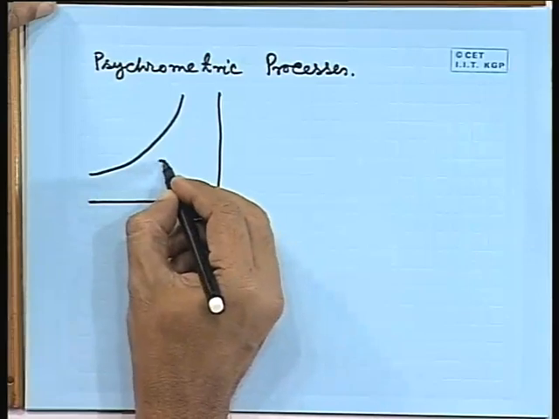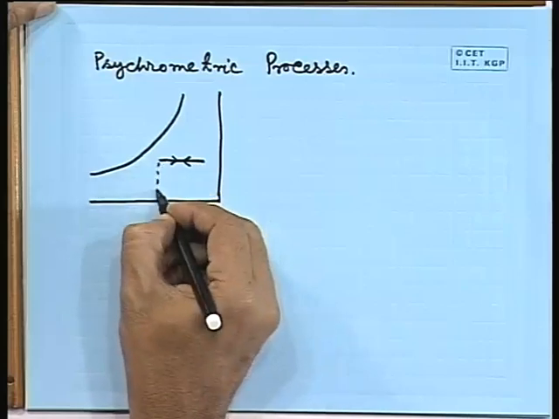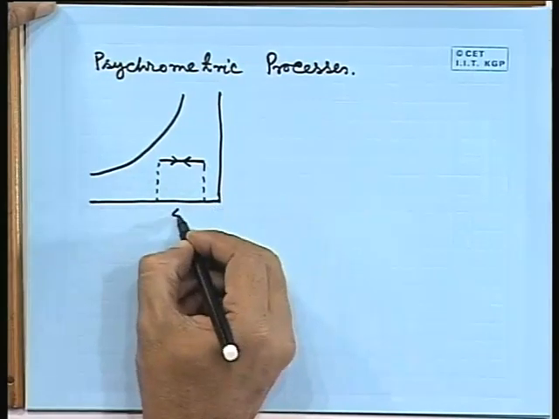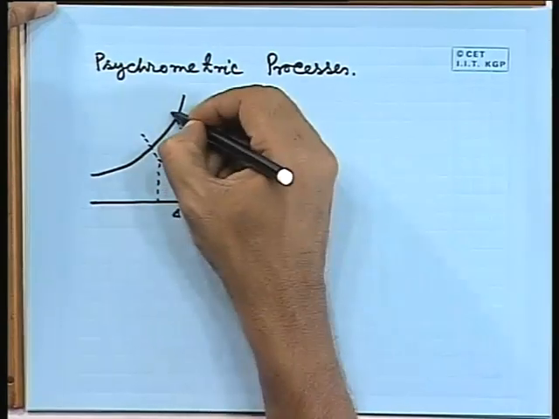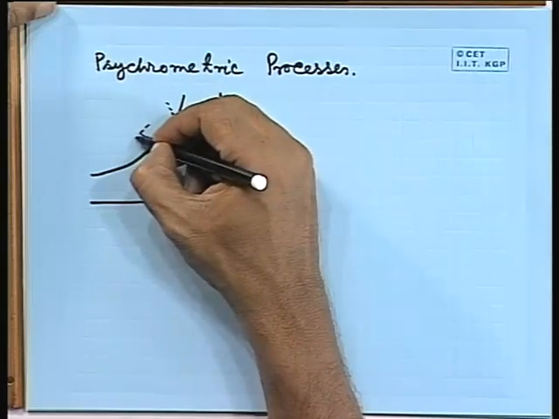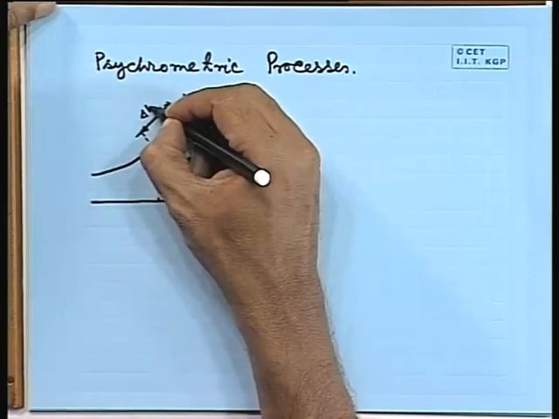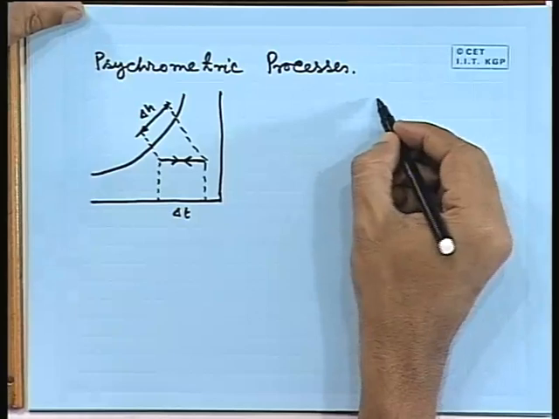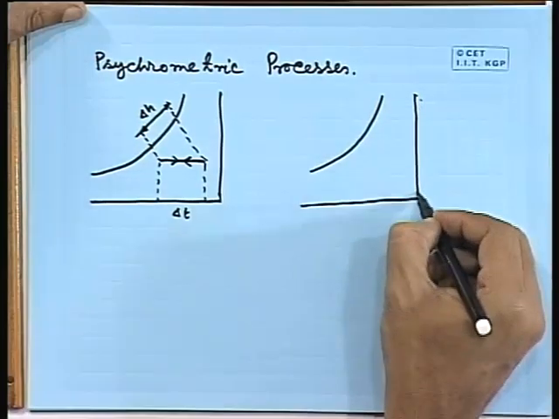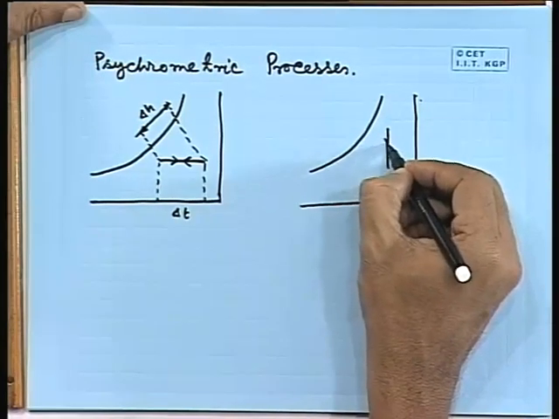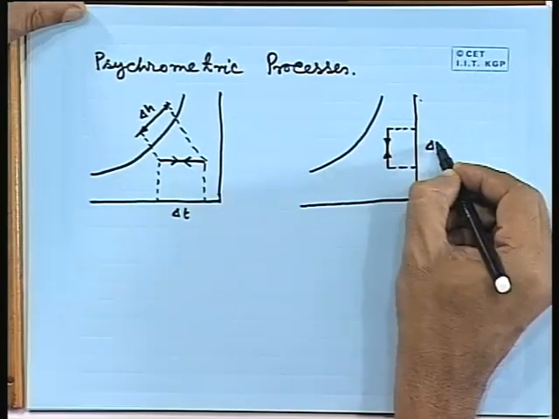One, there is a change in dry bulb temperature, delta T, this is delta H. And another, there is a change in moisture content or specific humidity. So, this is delta W.